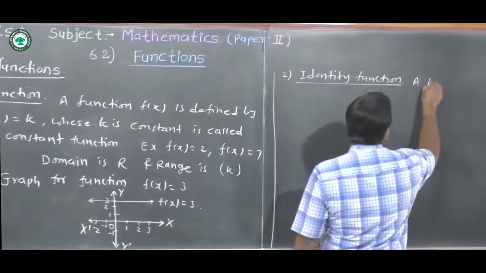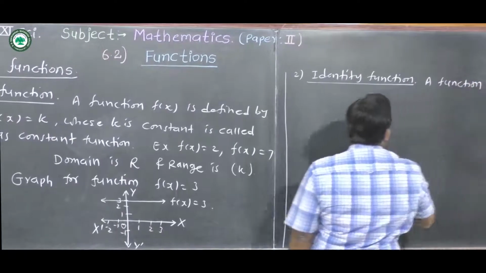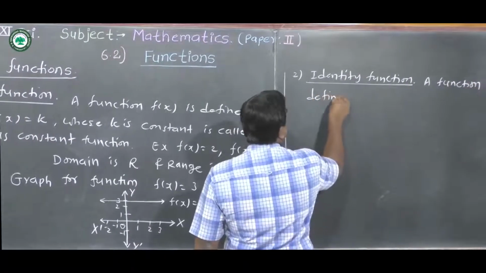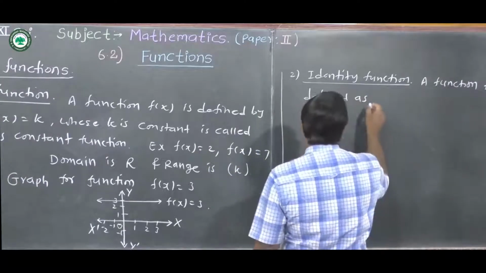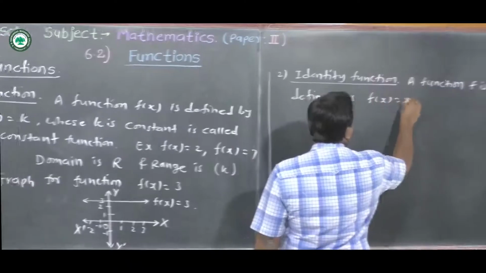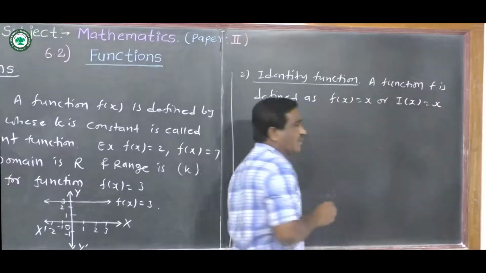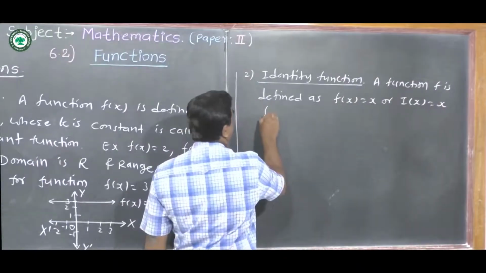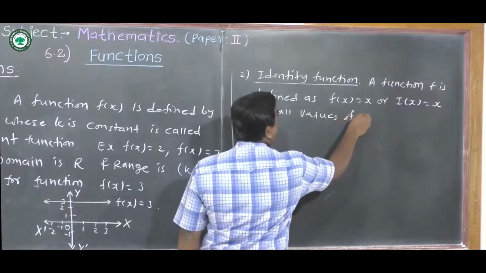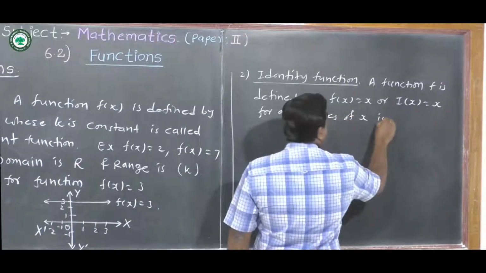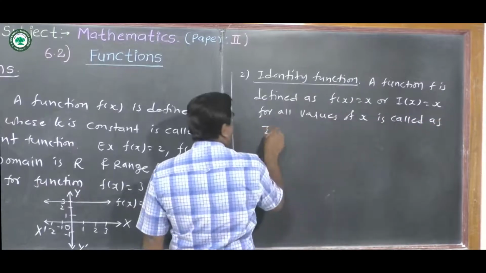Definition for this: a function f is defined by f of x is equal to x, or I of x is equal to x for all values of x, is called the identity function.